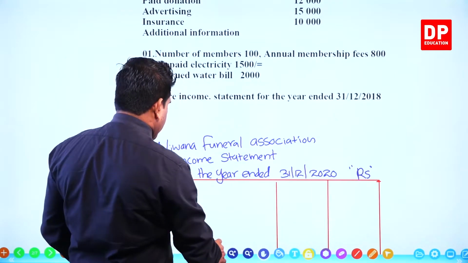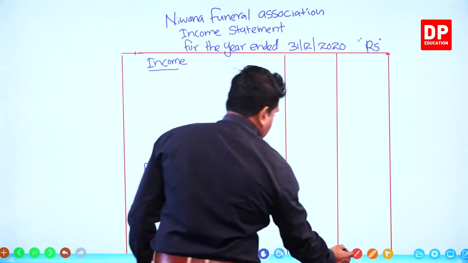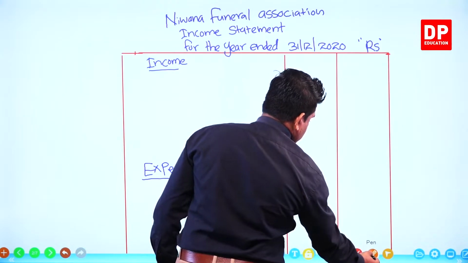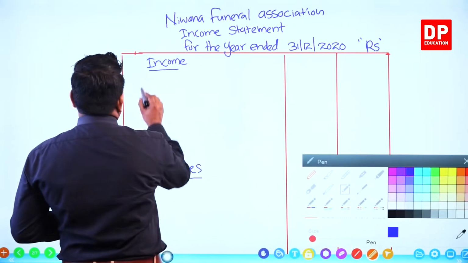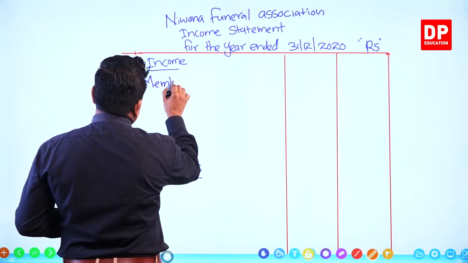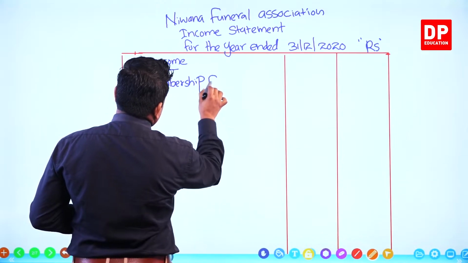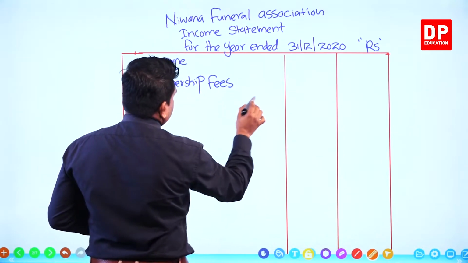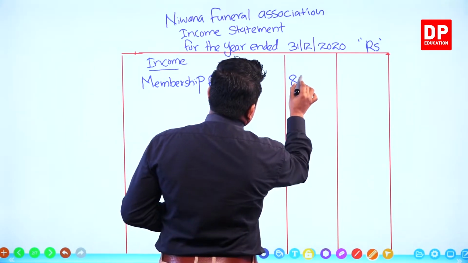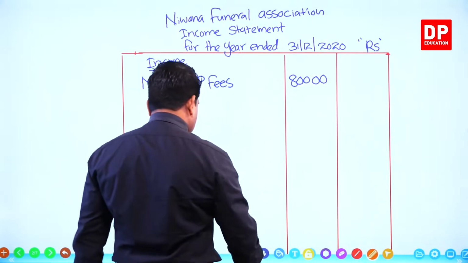Then you write annual membership fees. How much? 80,000, right? 80,000.